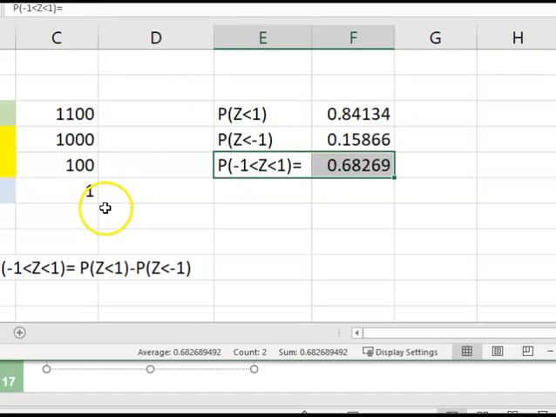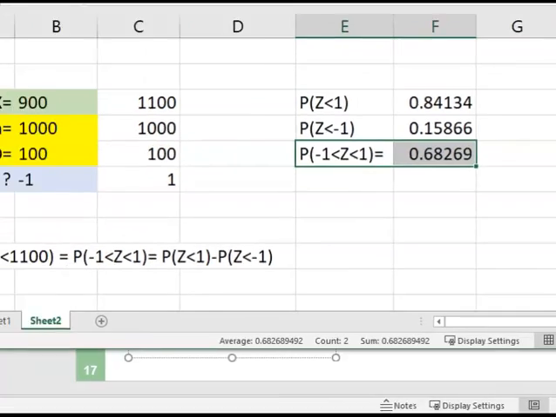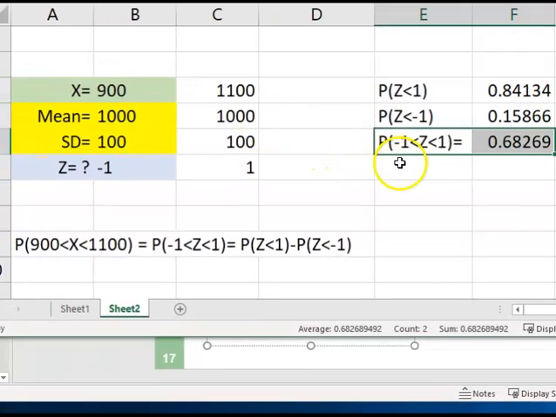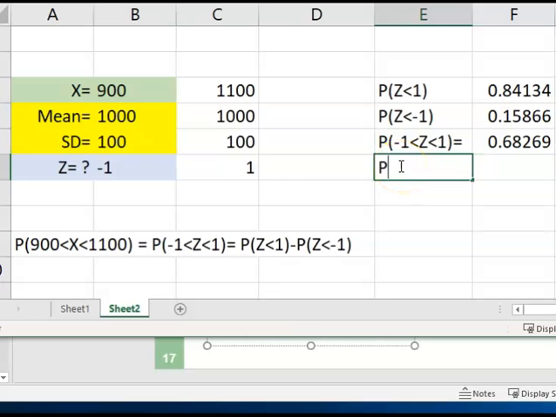Okay, so that's how you calculate these probabilities. If they ask you, let's say, the question says what's the probability that we select a person and that person makes more than 1100, that's the probability of z to be more than 1, since z for 1100 is 1. For more than 1, okay, so that's the opposite, right?